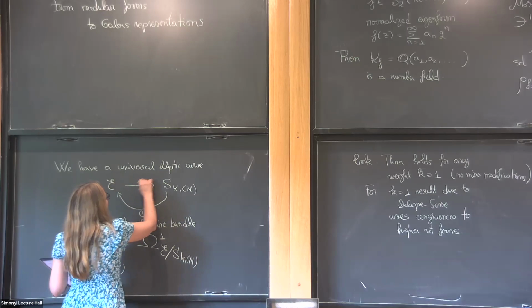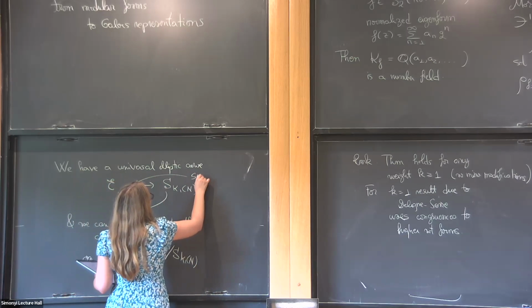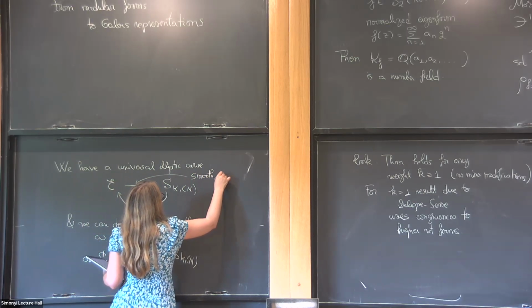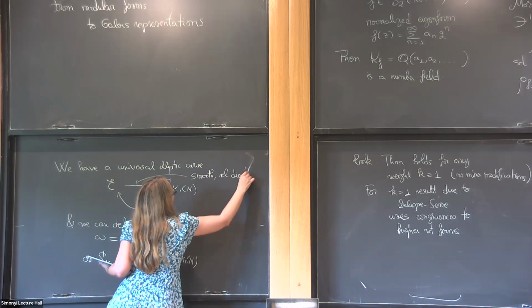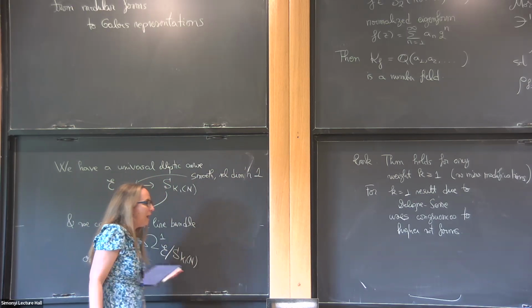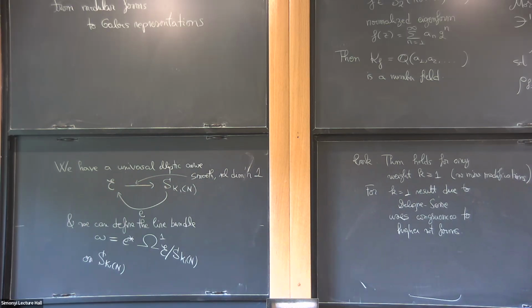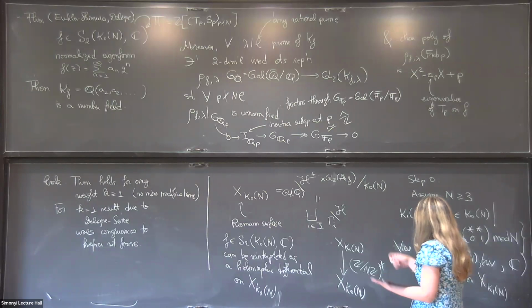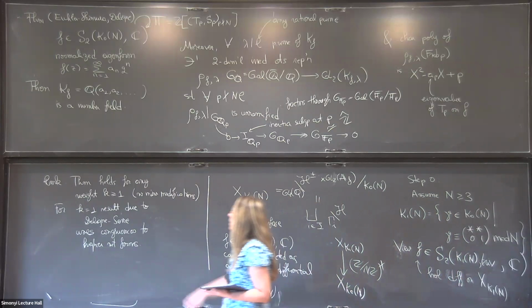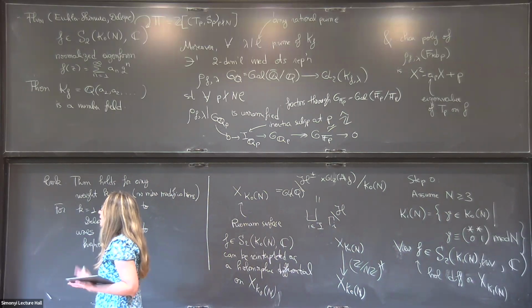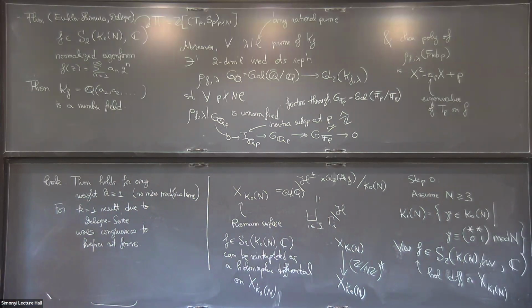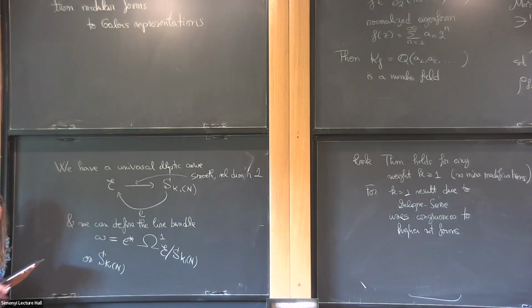I should say this is smooth, relative dimension 1. And it turns out that you can now think of all modular forms of weight k at least 1 as sections of the kth power of this line bundle. And so now you get a much more algebraic geometric definition of the notion of a modular form.